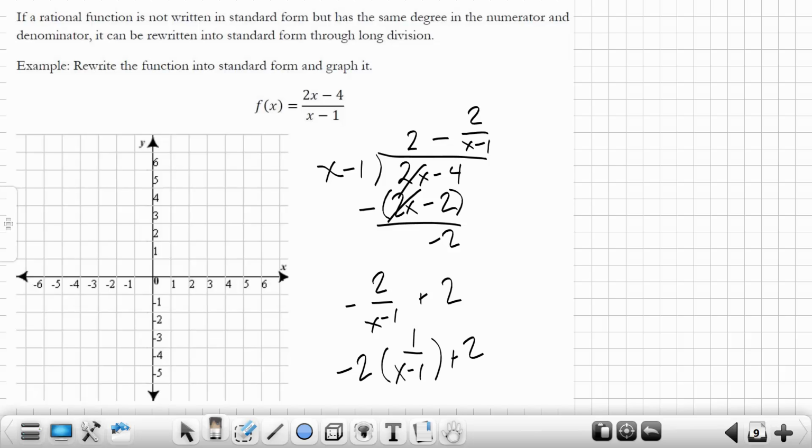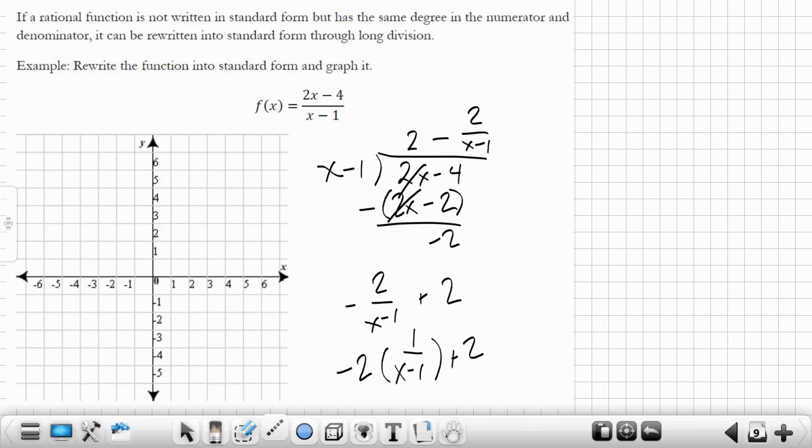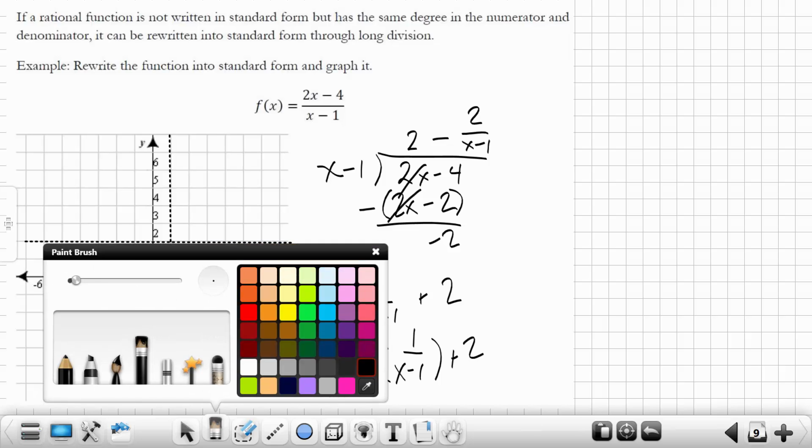So I moved 1 to the right and 2 up. I've been vertically reflected because of that negative, and then I'm also stretched by 2.